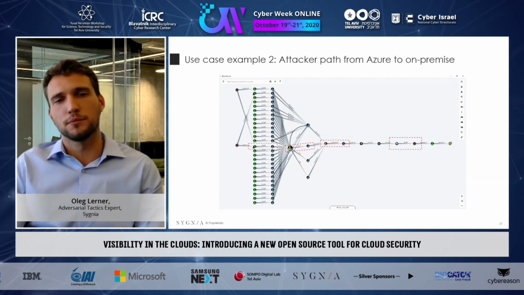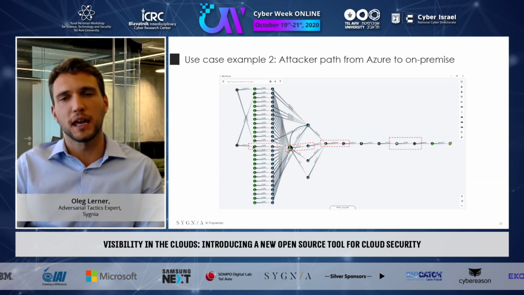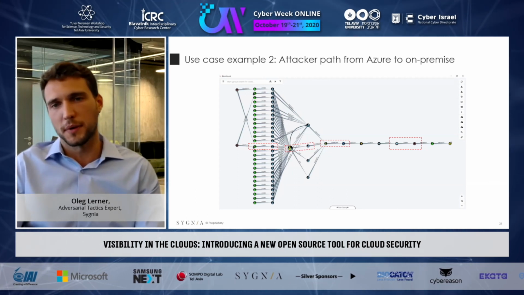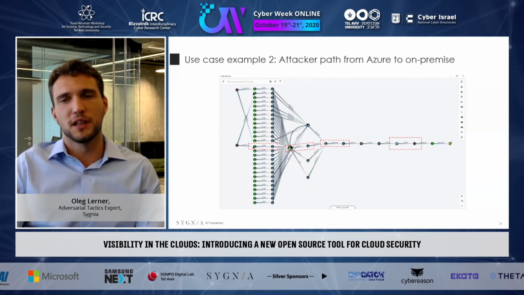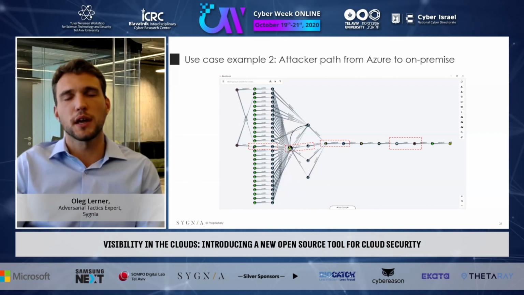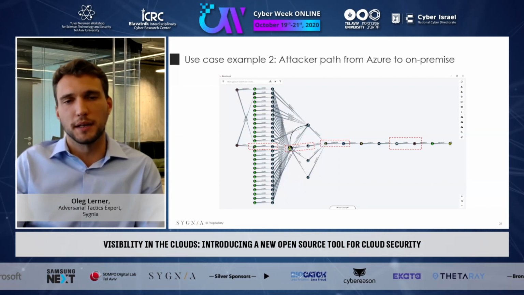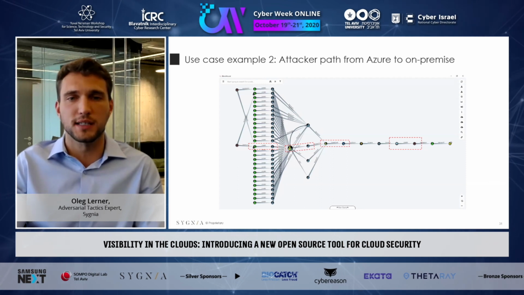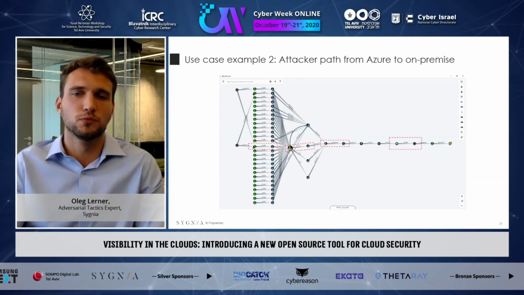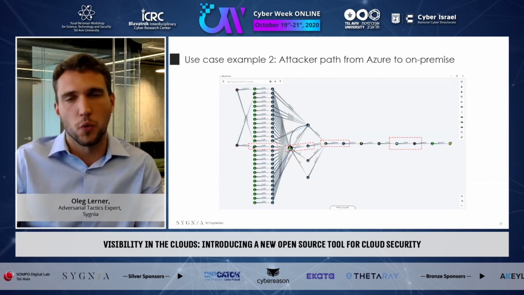So Cloud Scout highlighted a path that begins in our on-prem environment and leveraging Azure in order to take over that same on-prem domain, again, by visualizing a relationship that we wouldn't have seen otherwise.